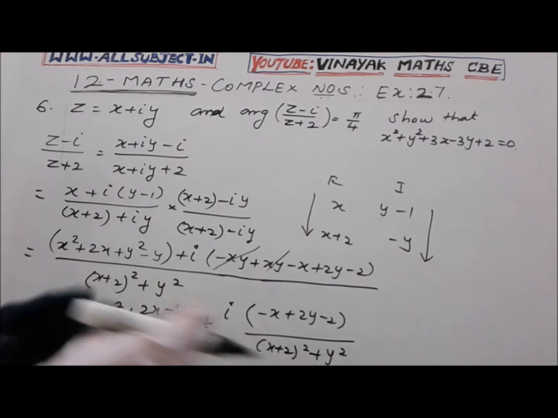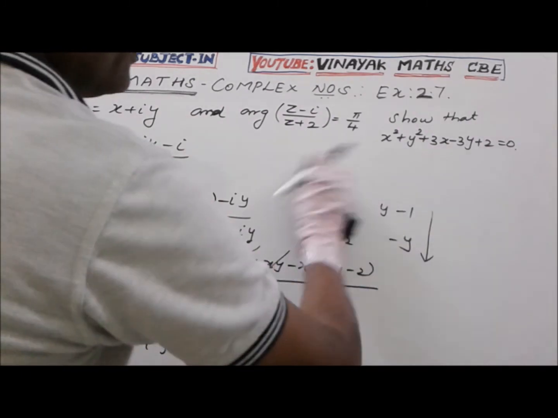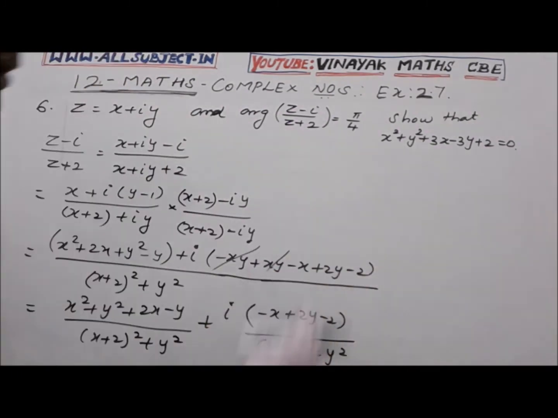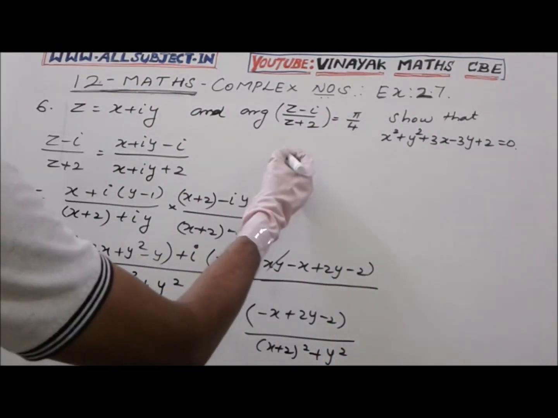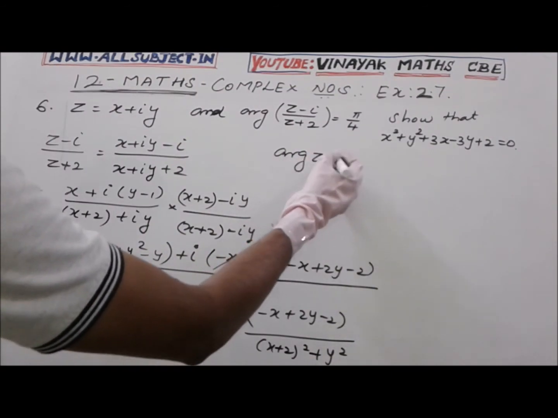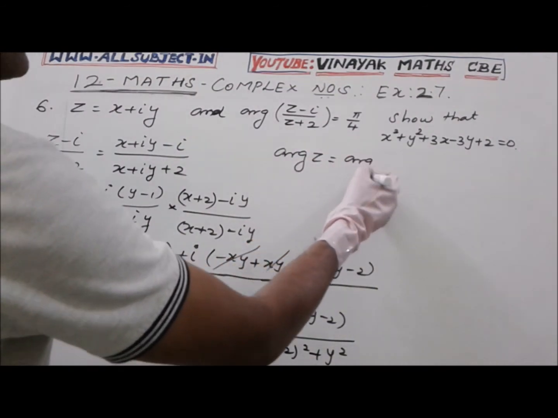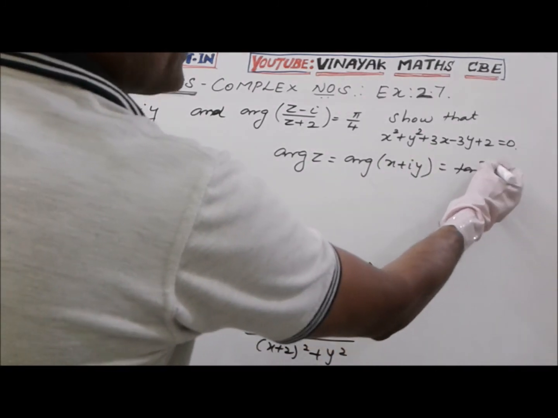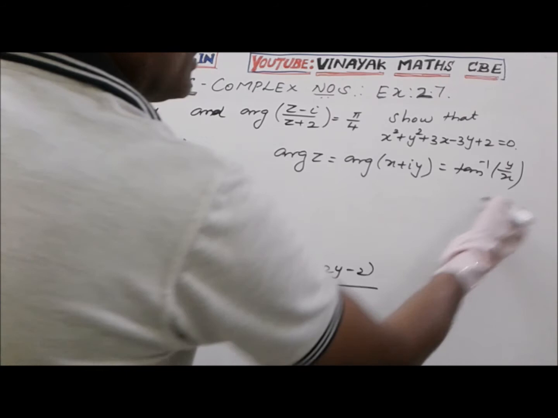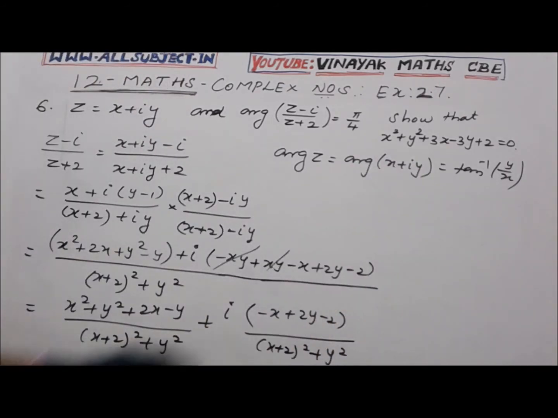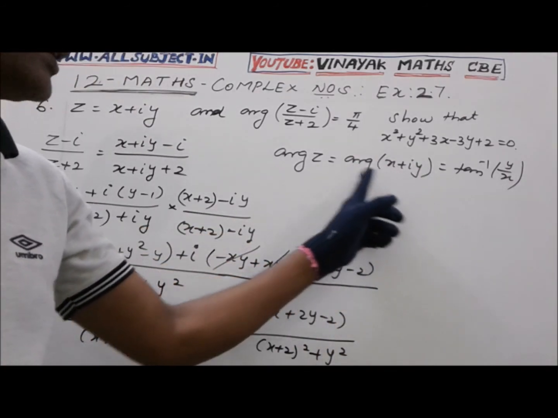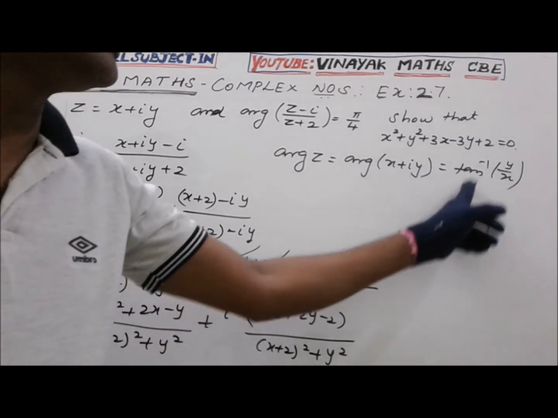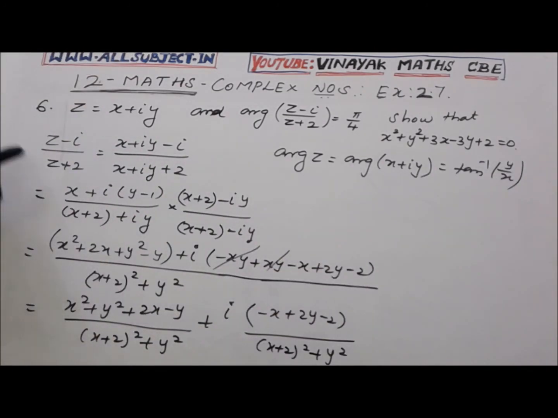Now we have the formula: argument of z equal to argument of x plus iy equal to tan inverse of y by x. Argument of a complex number equals tan inverse of y by x. Now we have simplified this as a complex number. This is the real part, this is the imaginary part.